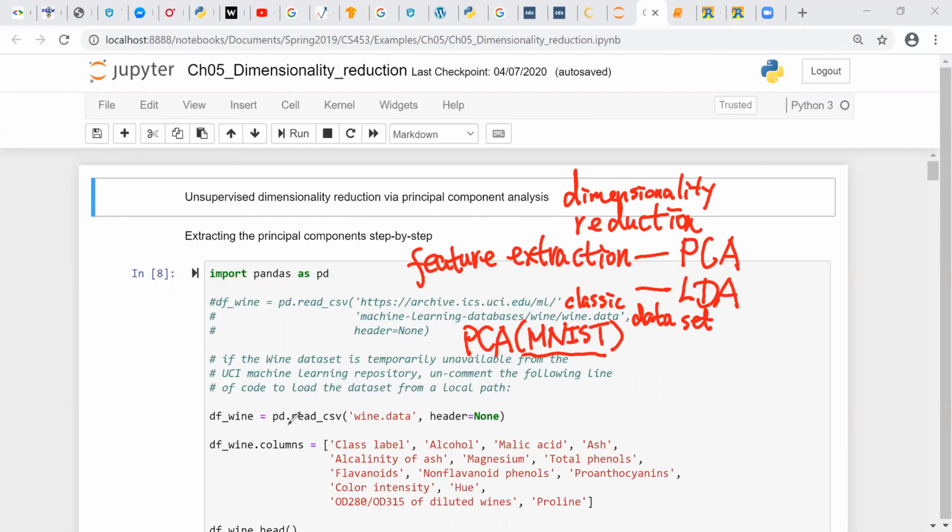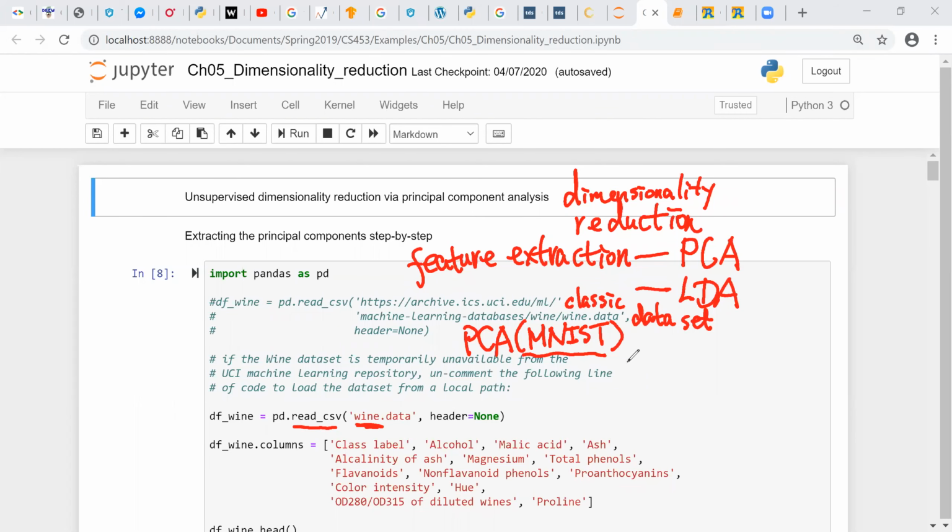You see here, the one that we are going to discuss today, the CSV file, is about wine. So this is going to be about wine. Then my question is, how about the MNIST? Who still remembers that?